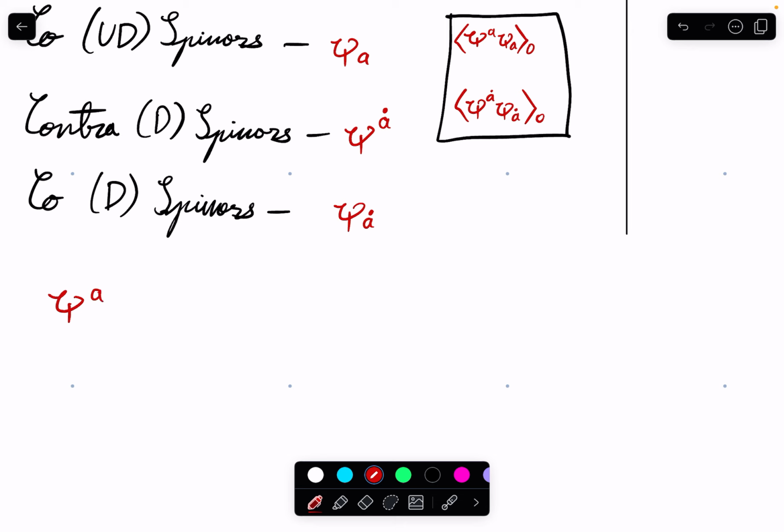You have a spinor, and then you take the grade involution, which in this case corresponds to a complex conjugate. You end up with this right here. So that's how it's lowered and becomes dotted.